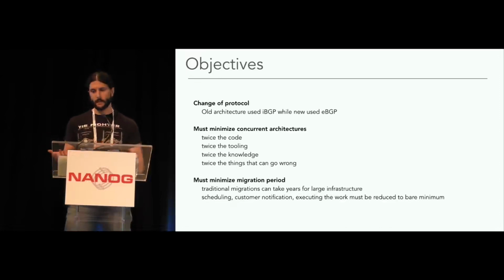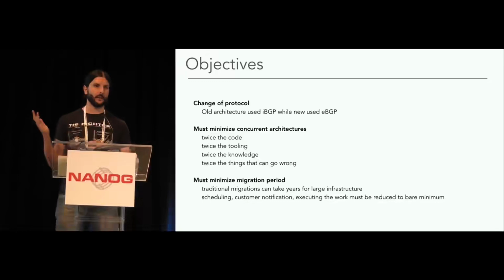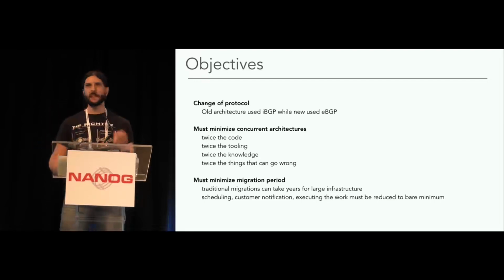And then finally, we wanted to make sure that this migration wouldn't take like years. So you have to migrate like 40, 50 POPs, and just between finding resources to do it, notifying customers, scheduling maintenance windows, that can take just forever. So we wanted to make sure that this wasn't going to be an issue.